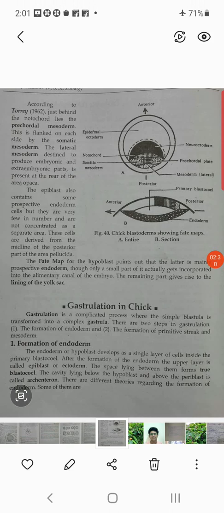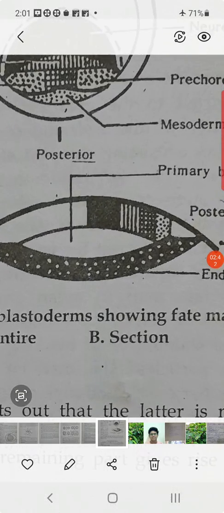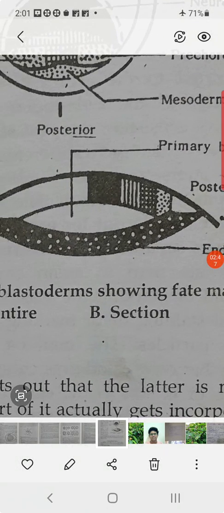So what is this endoderm actually? The endoderm or hypoblast develops as a single layer of cells inside the primary blastocoel. In the diagram you can see here, suppose this section is there, in between these two the primary blastocoel is there.